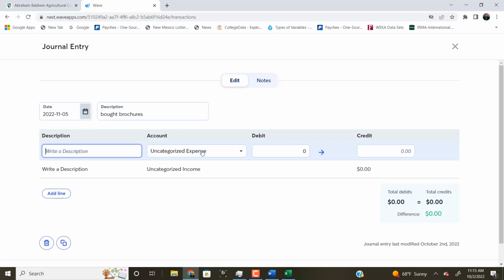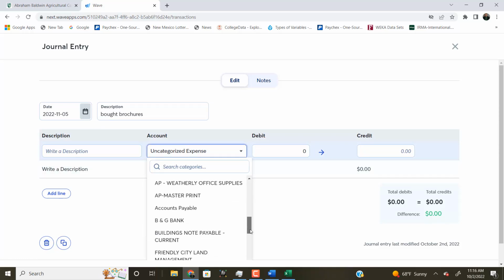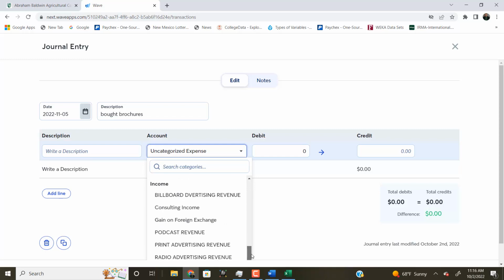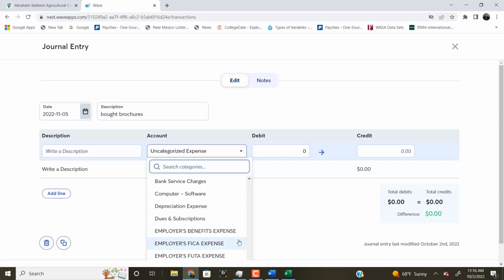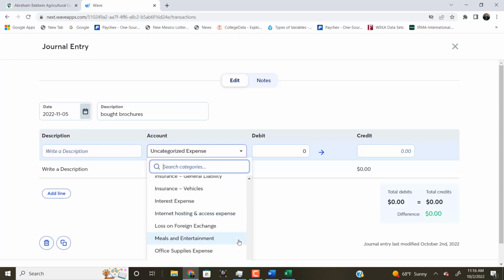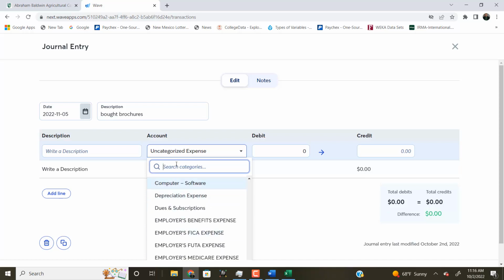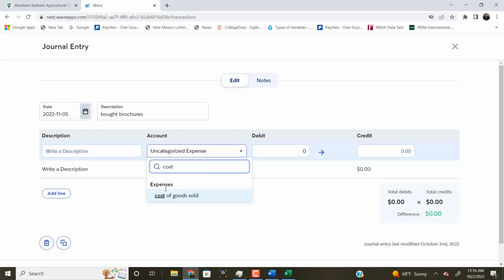And down here, what I'm going to have under this first left-hand side, I'm looking for the expense called cost of goods sold. And I think it's here. Let me type in here cost. Now there it is. I just didn't see it apparently.